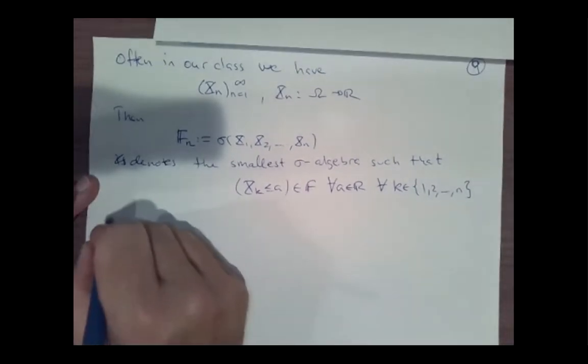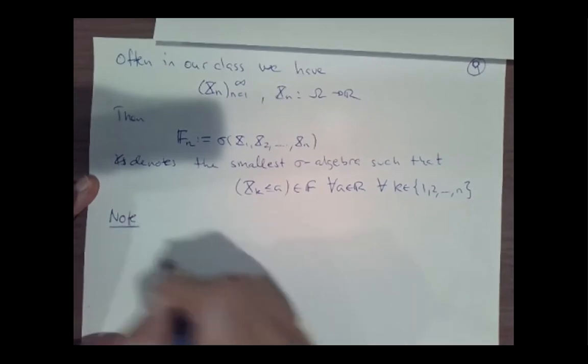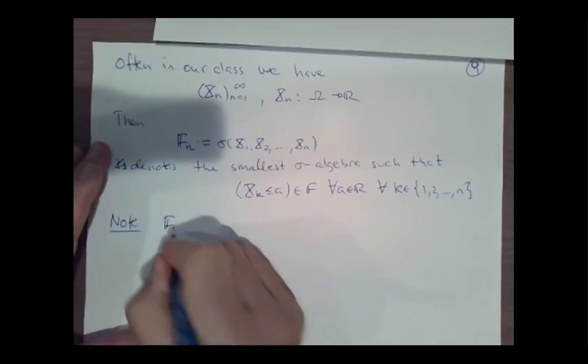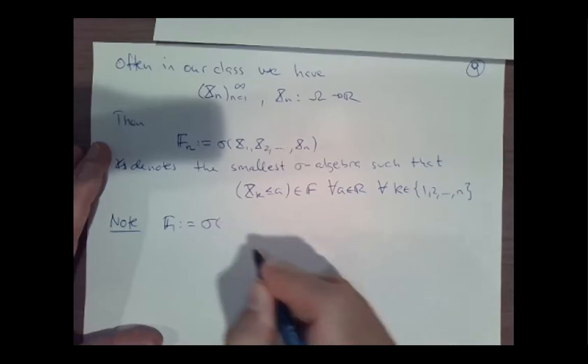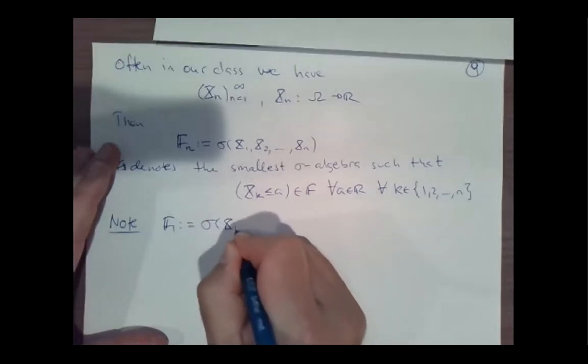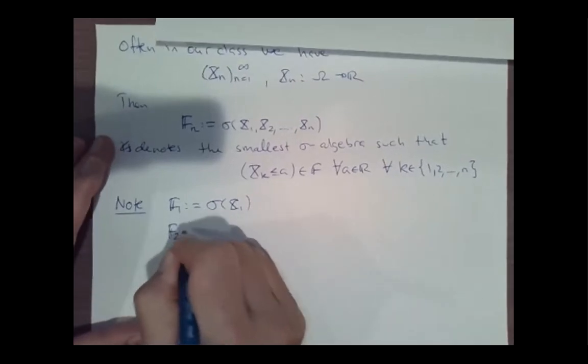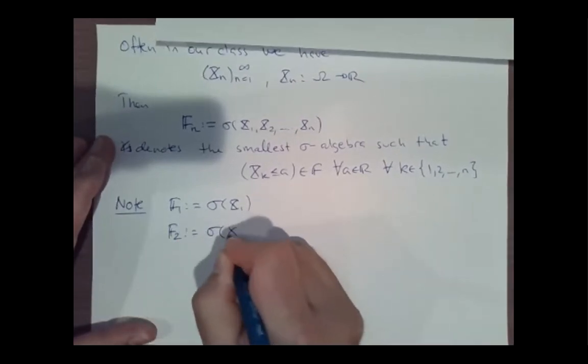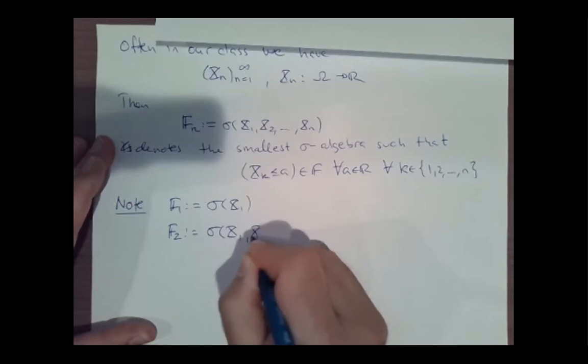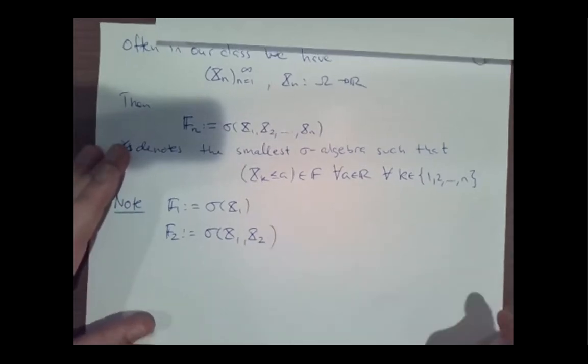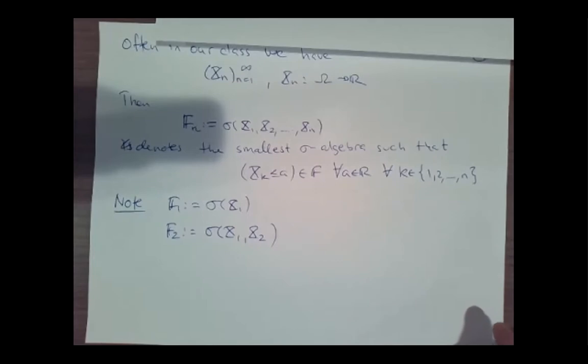So here we note, F1 is the smallest sigma algebra that makes X1 measurable. F2 is the smallest sigma algebra that makes X1 as well as X2 measurable. Which one is biggest?